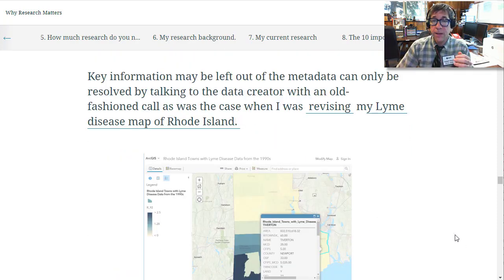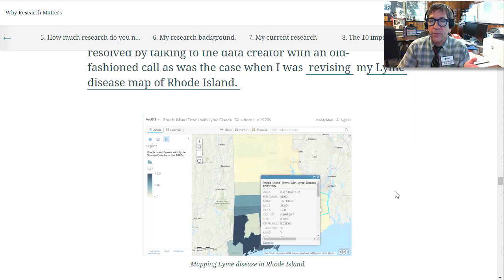Also, key information might be left out of the metadata or the data associated with maps and geographic information. And sometimes that information can only be resolved by talking to the data creator with an old-fashioned phone call or an email, as was the case when I was revising my Lyme disease map of Rhode Island. It looked like the incidences of Lyme disease were going down.